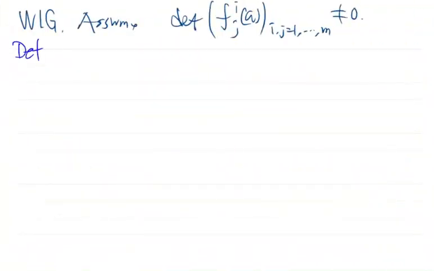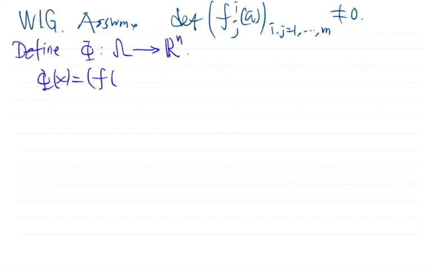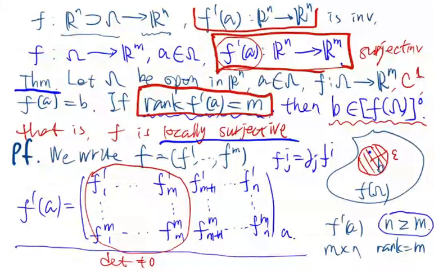Define a new map from omega to Rn, defined by phi of x is F of x, x m plus 1 minus a m plus 1, ..., xn minus an. Here, not p, maybe a. Sorry.